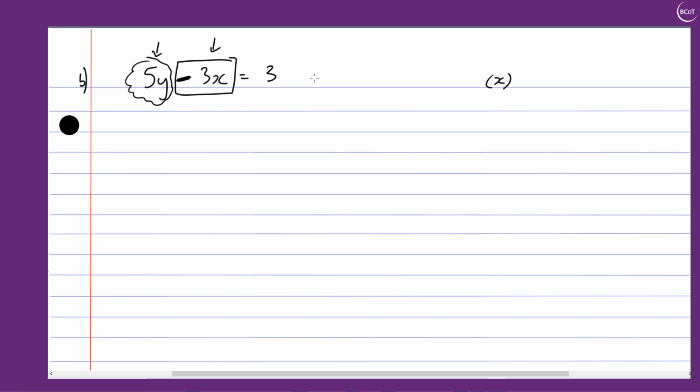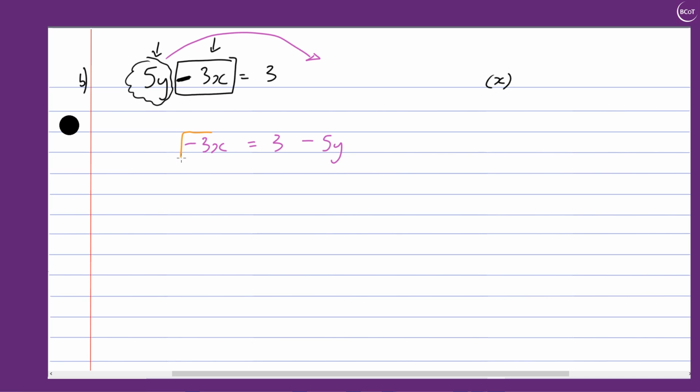Because if we do that, we've only got minus 3x on the left side, so we're getting a bit closer. So we're going to take 5y, move it to the right hand side, and make it minus 5y. So on the left hand side, all we'd have left is minus 3x, and that's equal to 3 minus 5y.